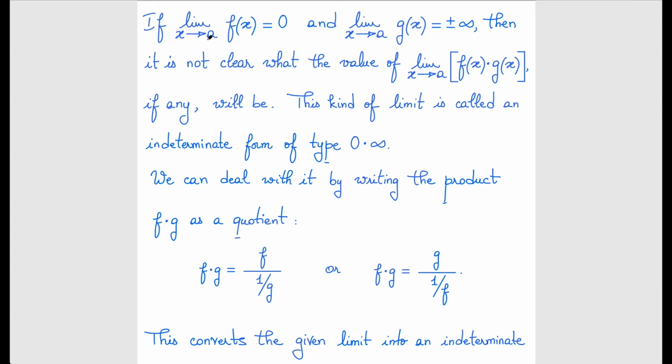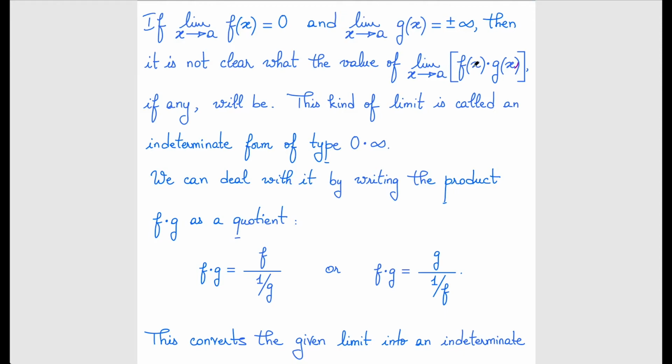So suppose that the function f approaches 0 as x approaches a, and g approaches infinity, plus or minus, as x approaches a. Then it's not clear what the value of the limit as x approaches a of the product, if any, will be. So this kind of limit is called an indeterminate form of type 0 times infinity. Okay?